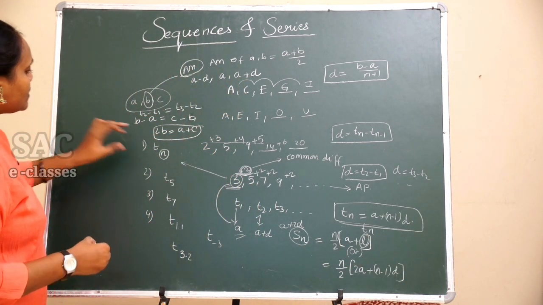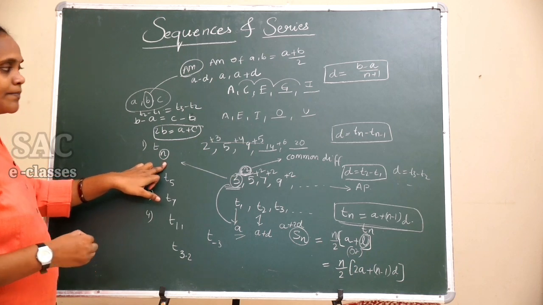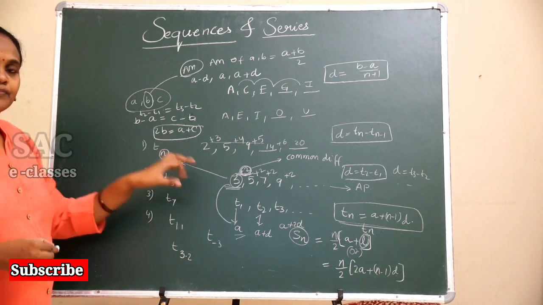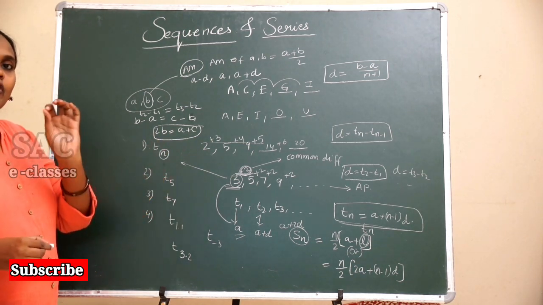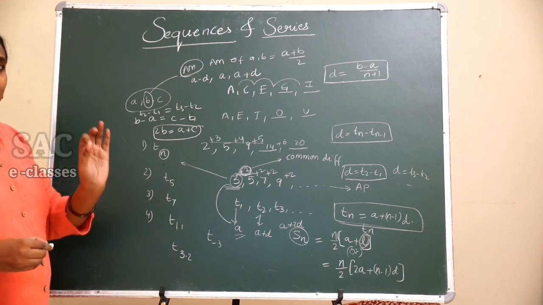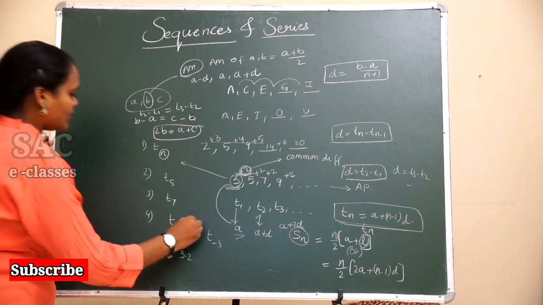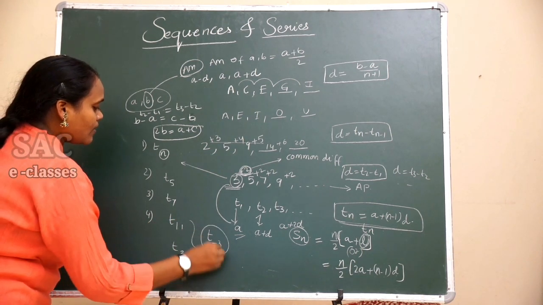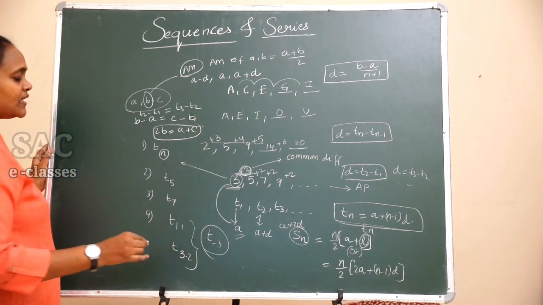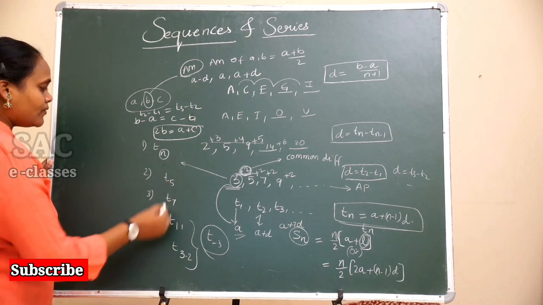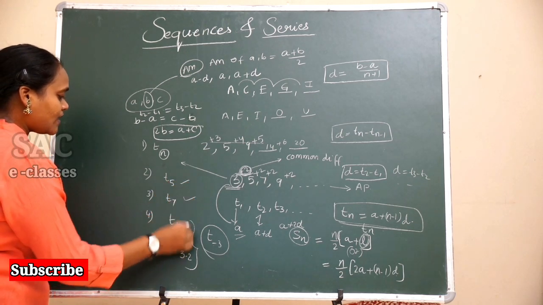The number of terms is always a natural number. It cannot be 0 or any other value. So there is T5, T7, but not T of minus 3 or T of 1.1.